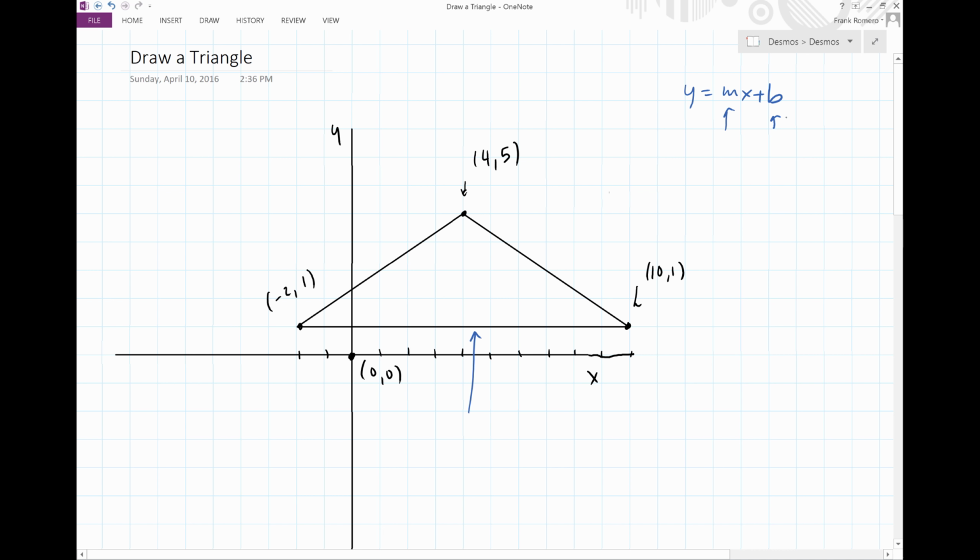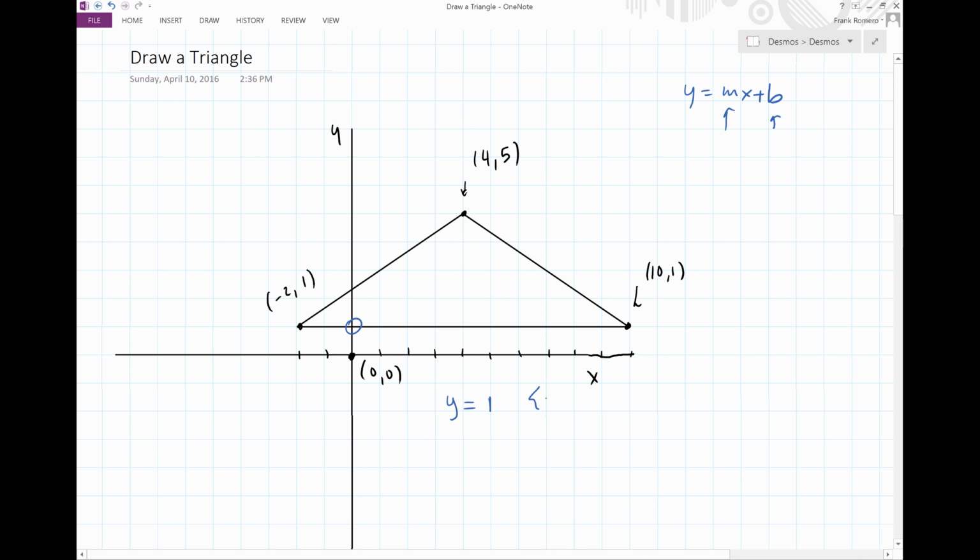Now, this line that we're going to be doing now, this one, is going to be a horizontal line. So that's going to be y is equal to the what? That's right, the y-intercept, which is going to be 1. I do have a video for you on exactly how to draw a horizontal line and also a vertical line if you're interested in that.